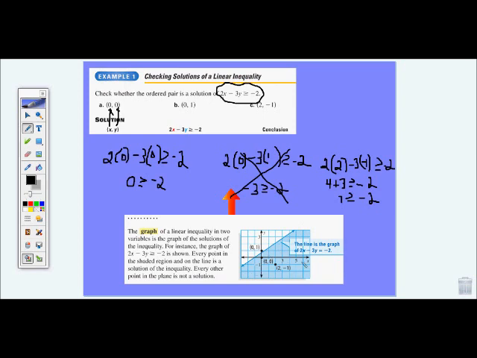And then we would shade to the right of it, and that is where our two solutions lie. But the one that did not work is on the left side, the not shaded side. I would pause the recording and read the little paragraph as well to see if that makes sense to you.